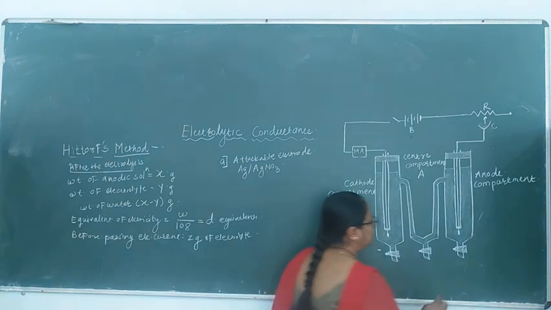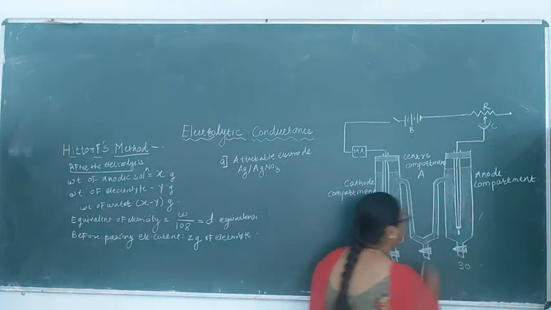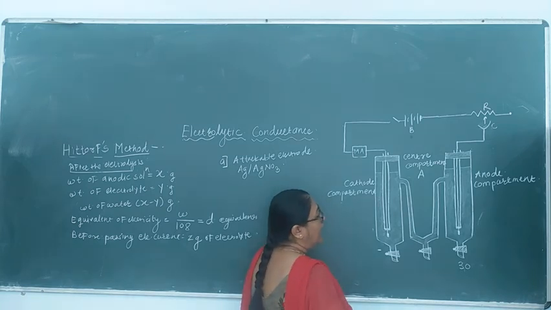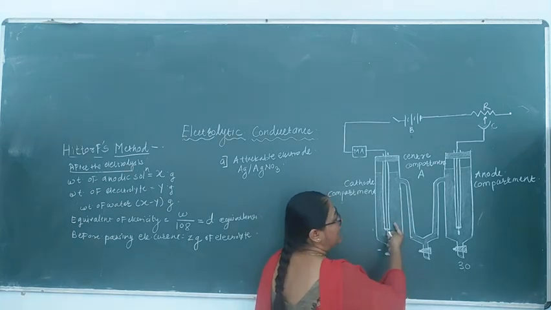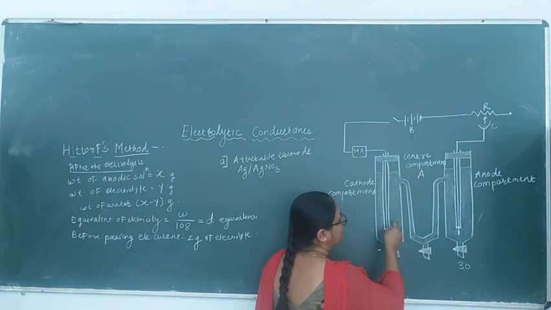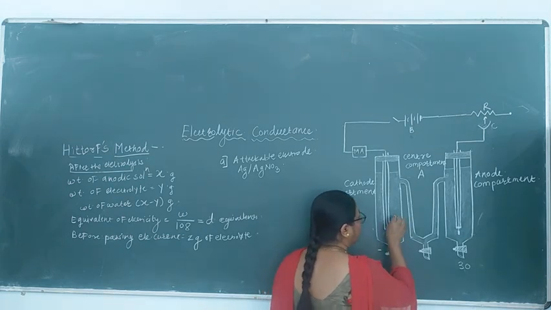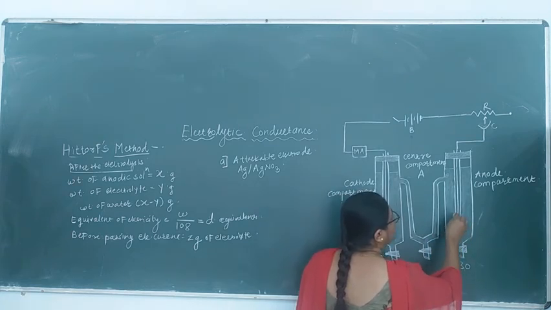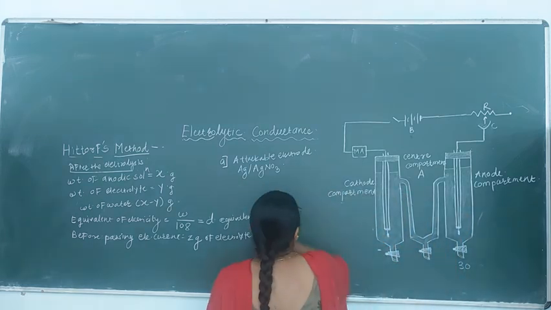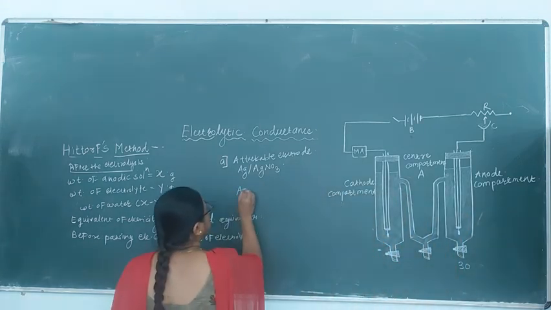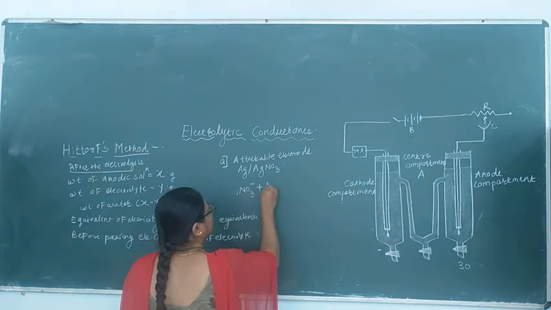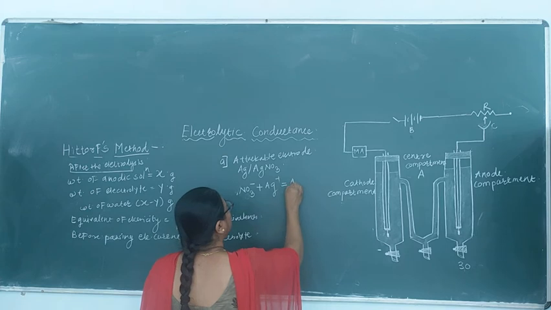See, if I consider that here 30 equivalents were present initially of the silver, as NO3 minus ions that will migrate, that means anions will migrate from cathode compartment to the central and central to anode. NO3 minus ions, when they are migrated to anode, they react with this silver electrode and form the solution AgNO3.